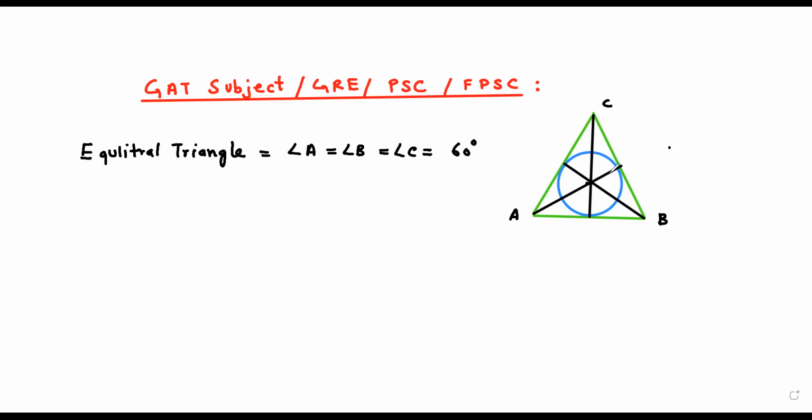So the total sum is equal to 180. Now we will solve only this triangle first of all.